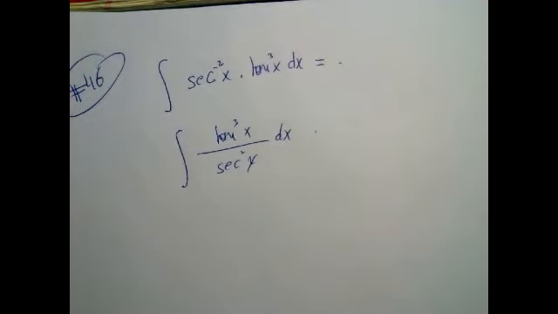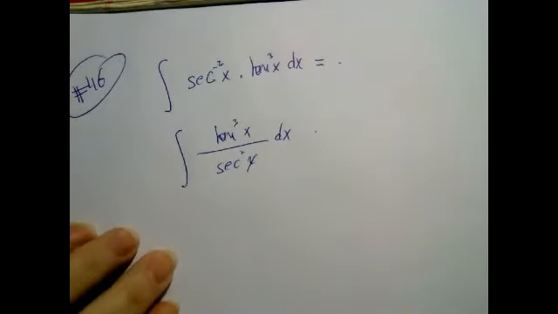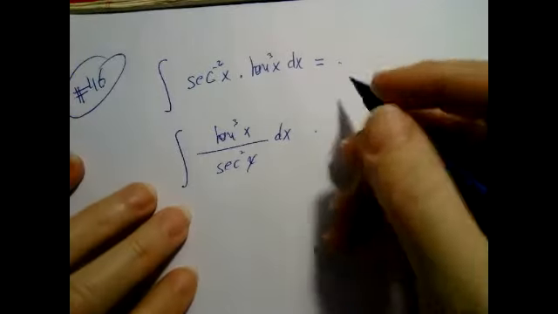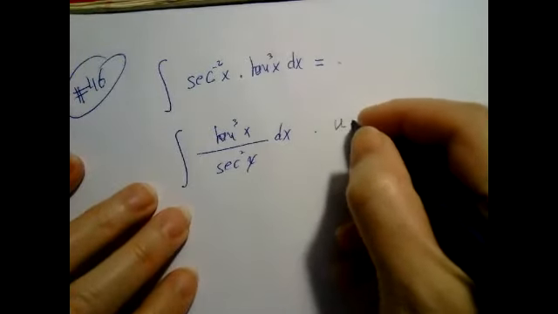Make tangent the u because the derivative of tangent is secant squared. Okay, let me try that, see if it works.